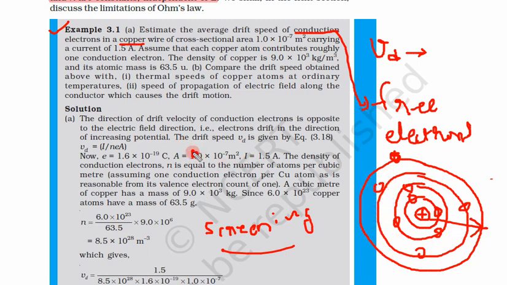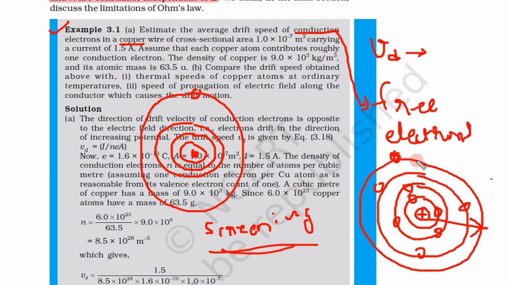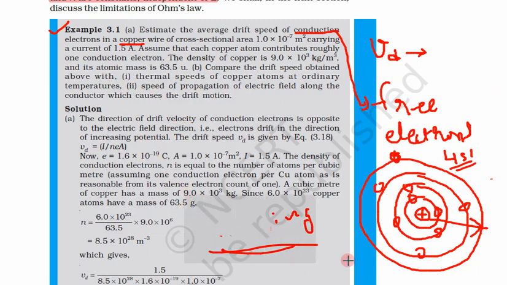So there is positive charge on the nucleus, but there is one screen of negative charge, second screen of negative charge, third screen of negative charge. This electron almost becomes free because of the screening in metals. So in copper, this 4s1 electron, that we will see later, what is this 4s1? This 4s1 electron, or the last electron of this fourth orbital, becomes free, which is called conduction electron, that takes part in the conduction.